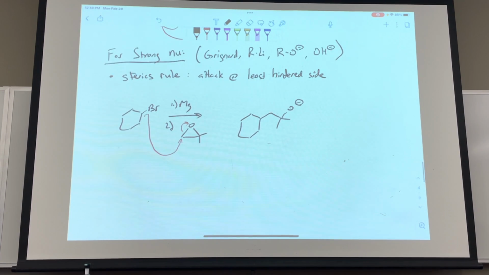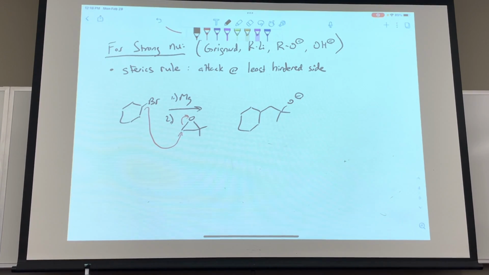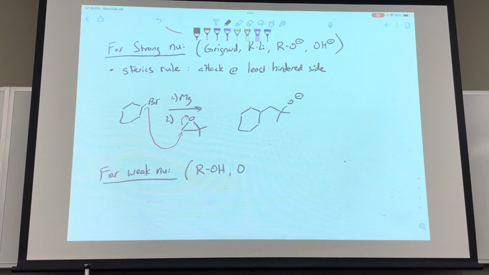Okay, so let's see the other situation. The other option would be if you had weak nucleophiles. So when I say weak nucleophiles, these are going to typically be the neutral nucleophiles, and there's not a whole lot of options here. Alcohols and water would be the primary ones.